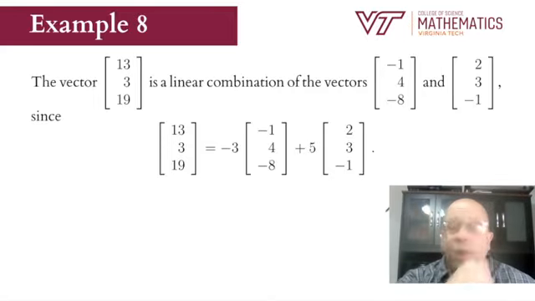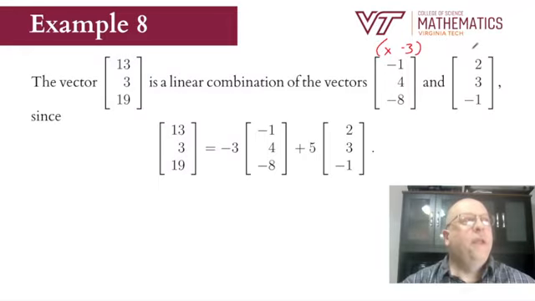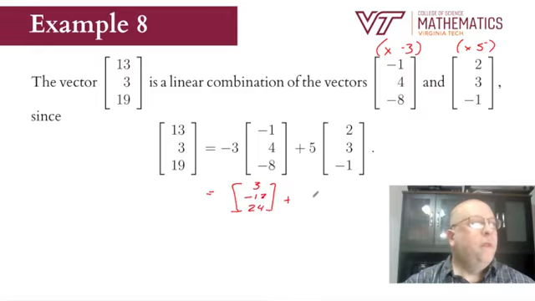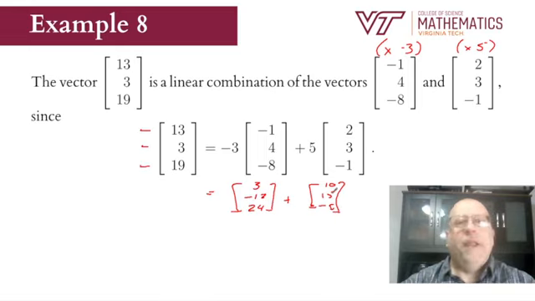So here's an example. This vector here, 13, 3, negative 19, is a linear combination of these other two vectors, because if I weight the first vector by a factor of negative 3, multiply it by negative 3, and I weight the second vector by a factor of 5, and then add them together, we get negative 3 times negative 1, negative 3 times 4, negative 3 times negative 8, plus 5 times 2, 5 times 3, 5 times negative 1, and 3 plus 10 is 13, negative 12 plus 15 is 3, and 24 plus negative 5 is 19.